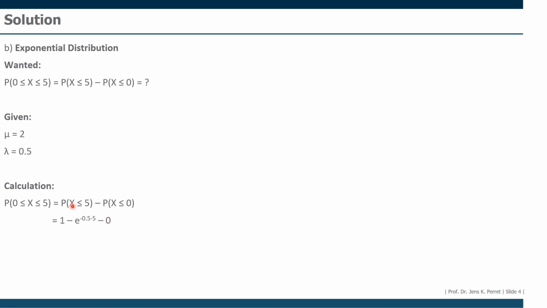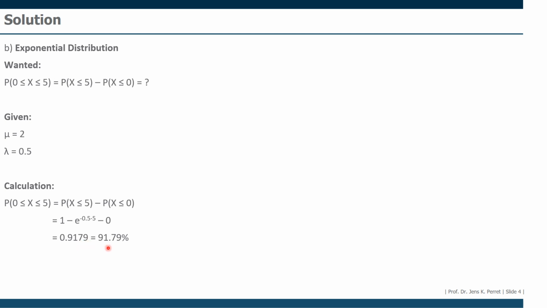And for the first one, well, we simply go again, 1 minus e to the power of minus lambda, minus 0.5 times k. The k here is the 5. So we get 1 minus e to the power of minus 1/2 times 5, giving us e to the power of minus 2.5.